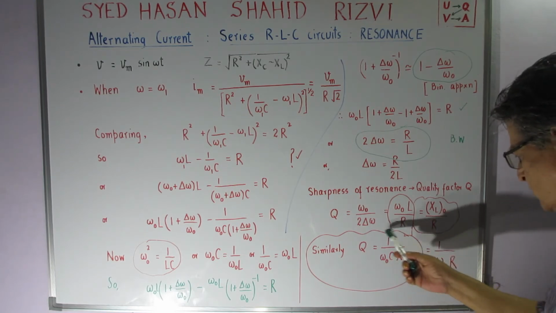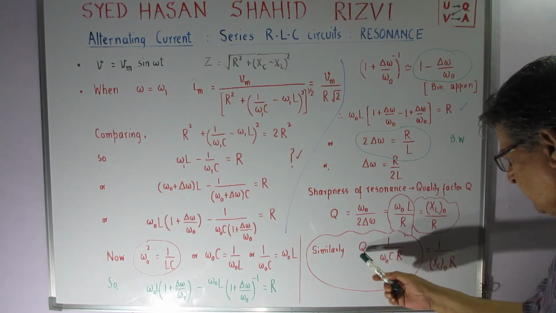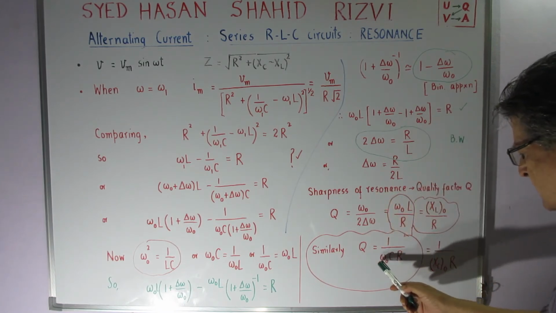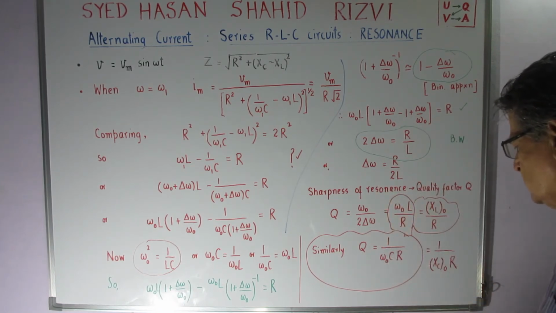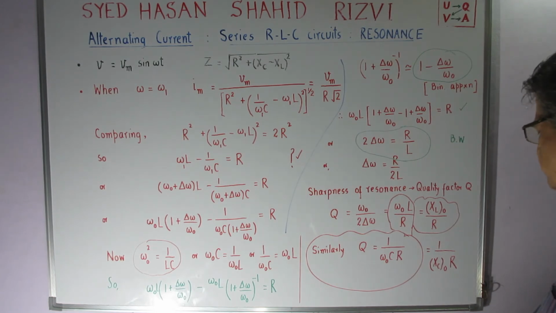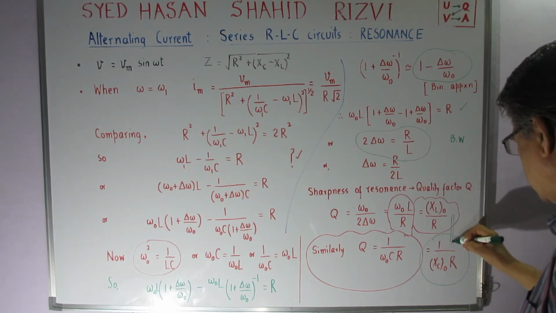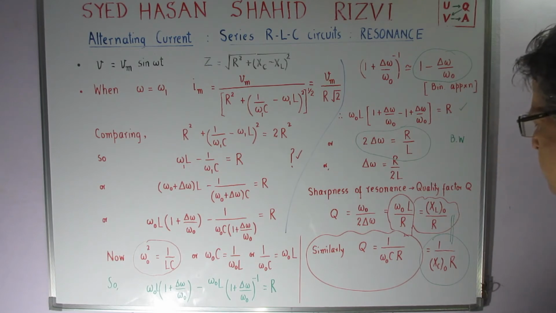We can substitute that and we find that the quality factor, or the sharpness of resonance, is also given in terms of omega naught as 1 upon omega naught RC, or CR. Okay, so this one and this one, they have their correspondence.